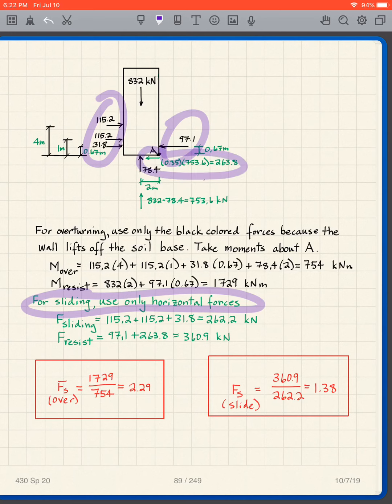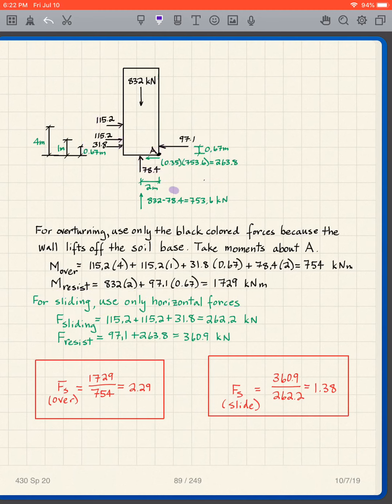And the last one that you have to pay attention to is the friction at the base of the wall. How do I get the friction? Well, I'm going to use the force here that basically in a sense is the contact force between the sand and the wall.